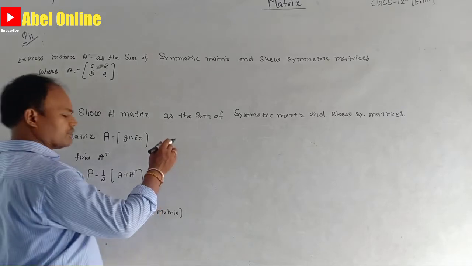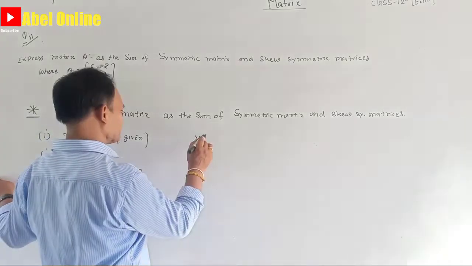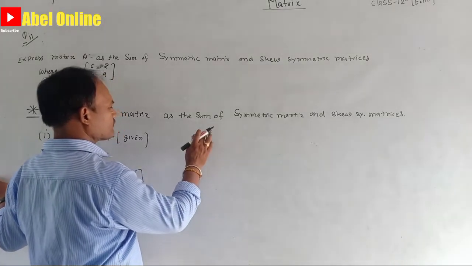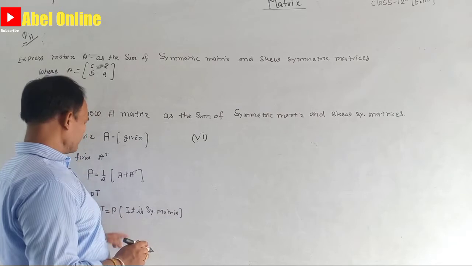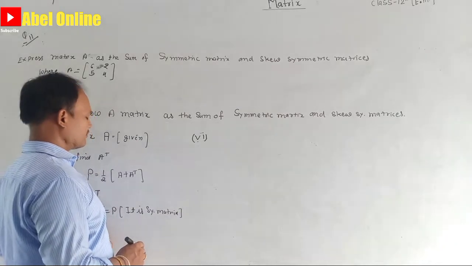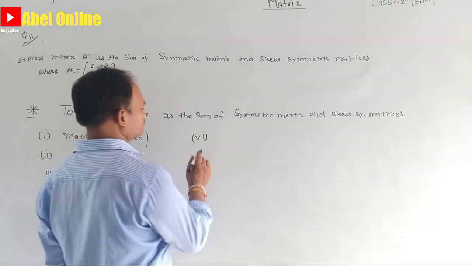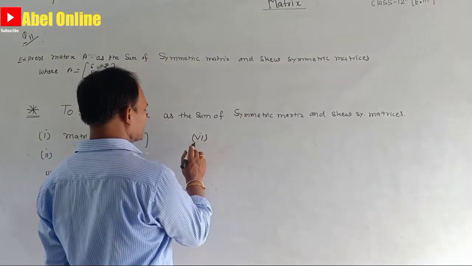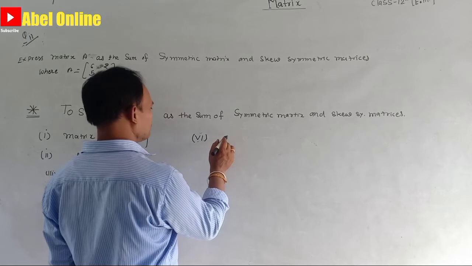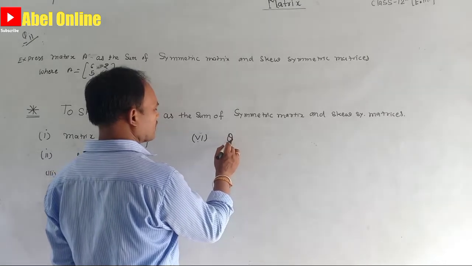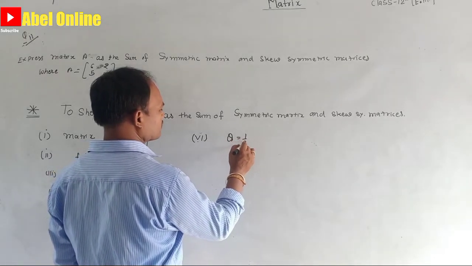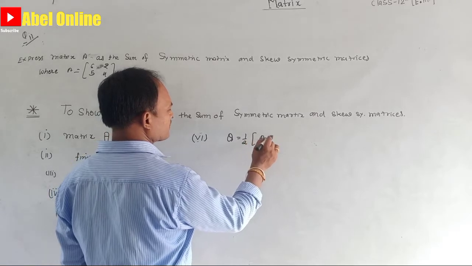Now the next step, it is 6. When we are saying about the 6th step, you have to find Q, and what is Q? Q equals 1 by 2 A minus A transpose.